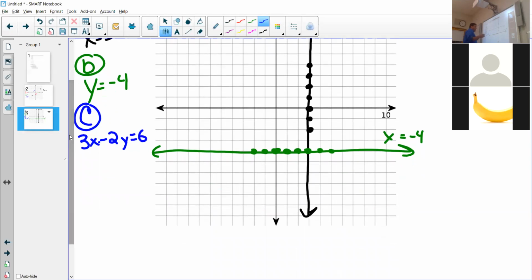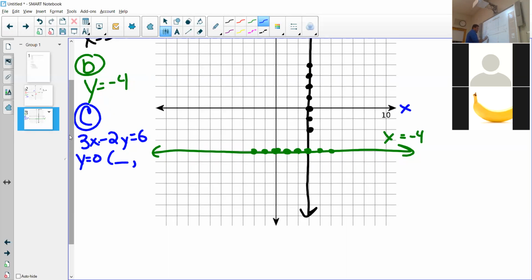So to figure out where it hits the x-axis, let's do that first, because x is first in the alphabet. Remember, this horizontal axis is the x-axis. So where it hits the x-axis, that means y equals 0. So we want to figure out what happens in this equation when y equals 0.